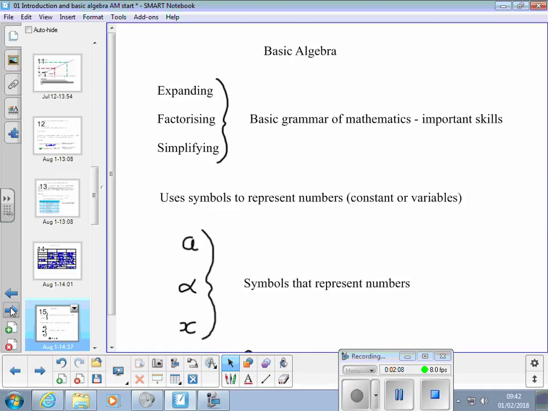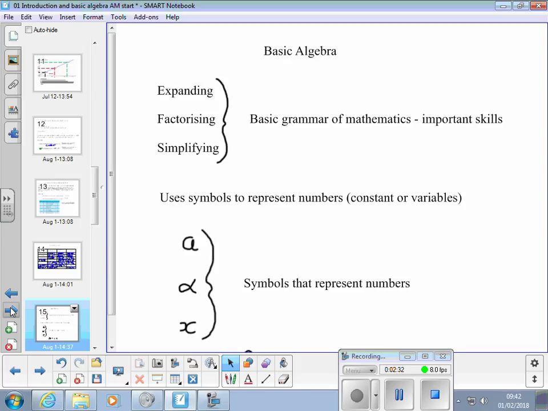People who don't like maths get frightened of algebra because they've got letters in it, a, x, y. All that a is, is a number. It's just called a because we don't know what it is, or we want to change it for certain conditions. As in alpha, x. And some people get even more confused when you use Greek letters.